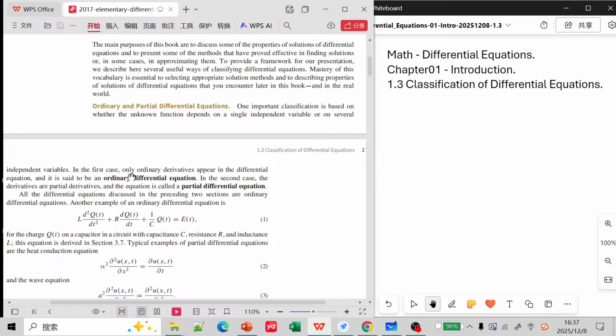In the first case, only ordinary derivatives appear in the differential equation, and it is said to be an ordinary differential equation. In the second case, the derivatives are partial derivatives, and the equation is called a partial differential equation. All the differential equations discussed in the preceding two sections are ordinary differential equations.